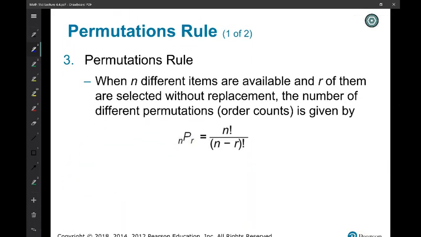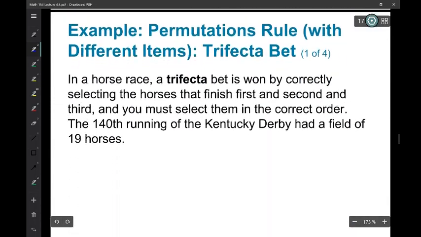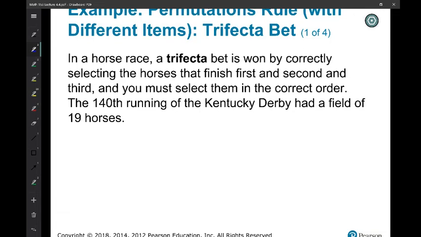The permutation rule. So we use this notation, N permute R, which gives us when we have N different items and we want to take R of them and then find the number of permutations we can make of those R objects, we use this formula. So in a horse race, a trifecta bet is won by correctly selecting the horses that finish first and second and third.